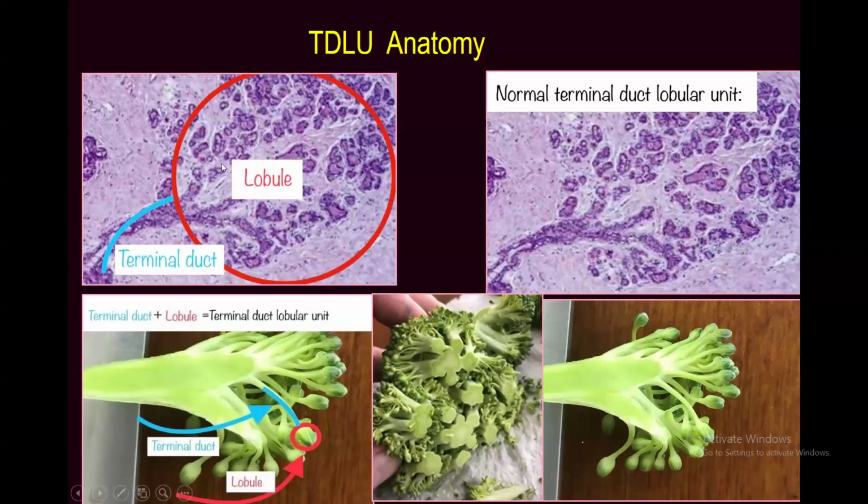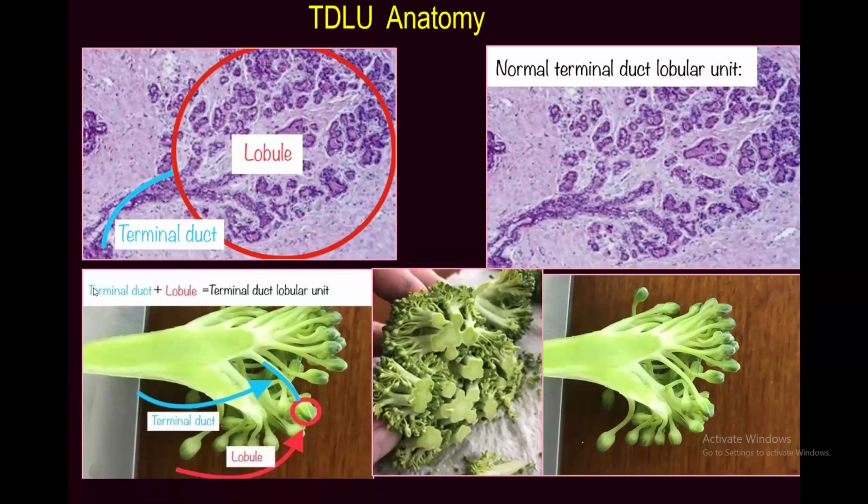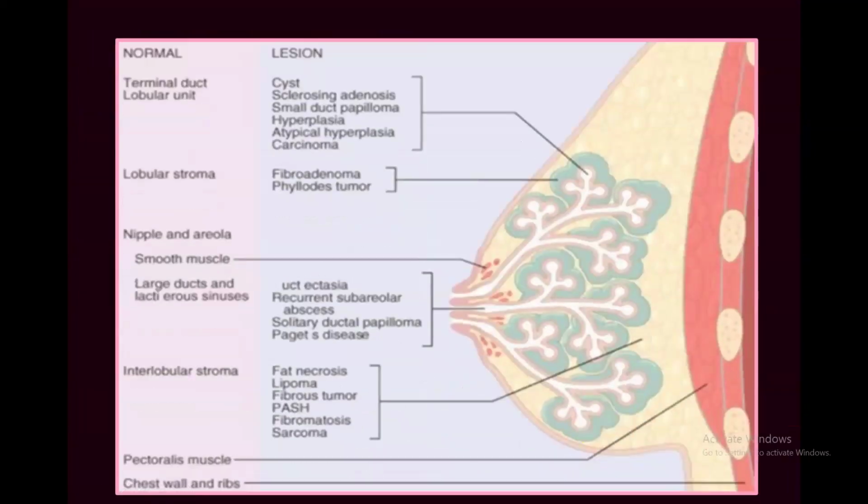All these are acini in a lobule, and the outside, this one here, representing the extralobular terminal duct. And as we mentioned before, most of the pathology arises from the terminal duct lobular unit.